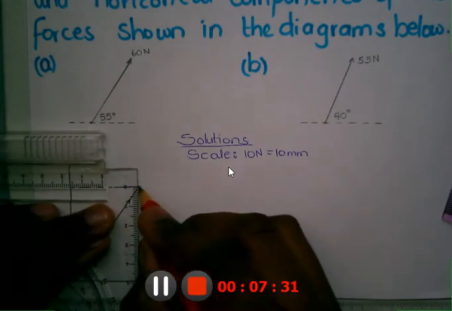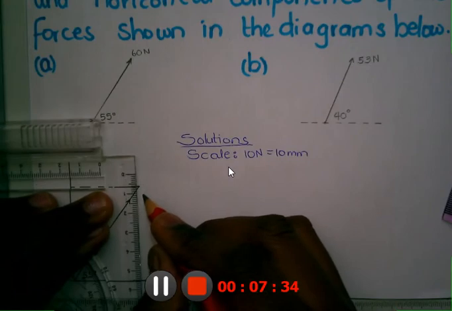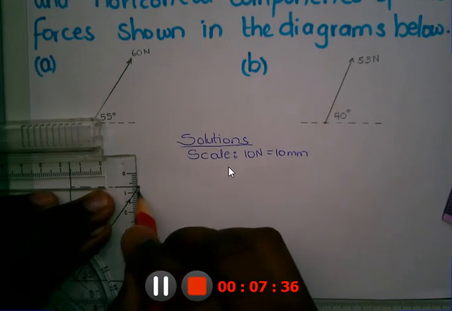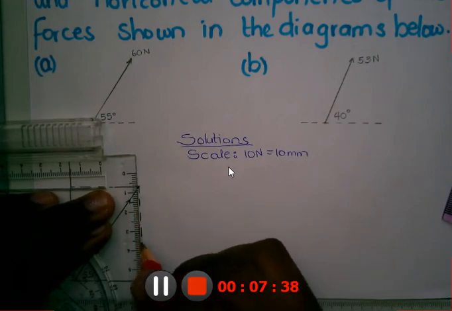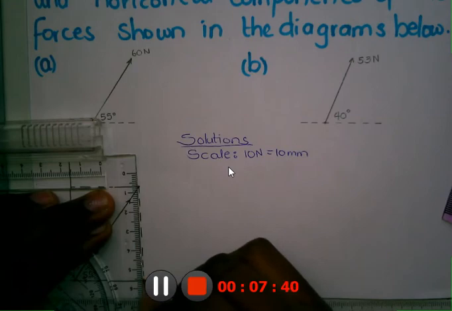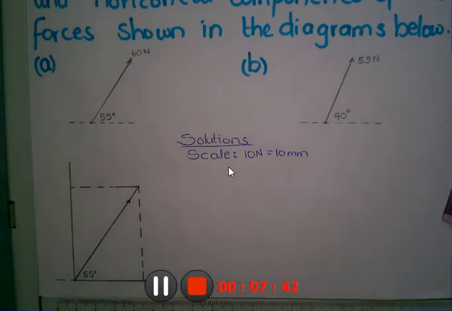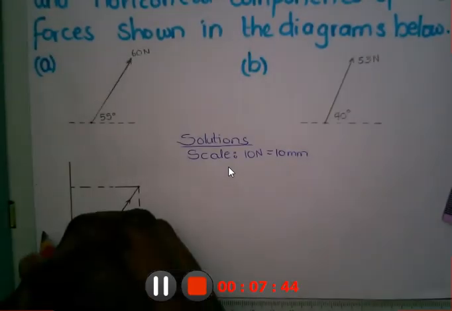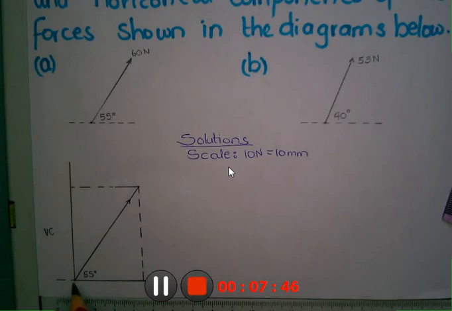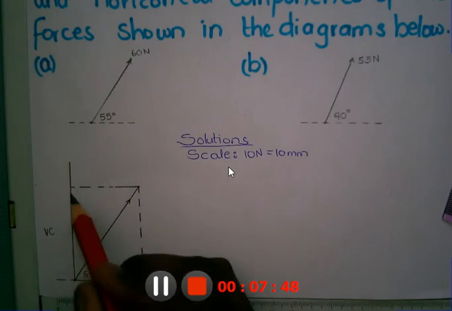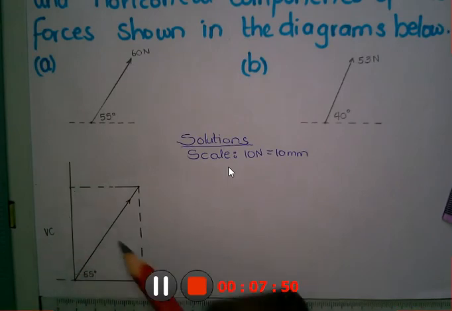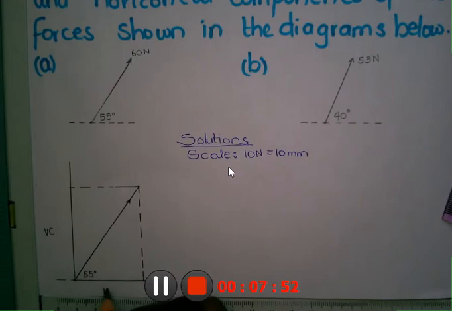You join the top of that line to your horizontal component line. It means the size of your vertical component will start here, and you measure it up to there. Your horizontal component will start at that point, and the size will stop there.